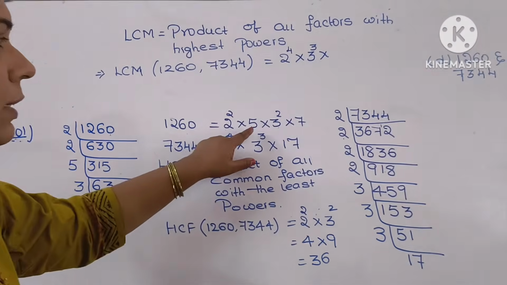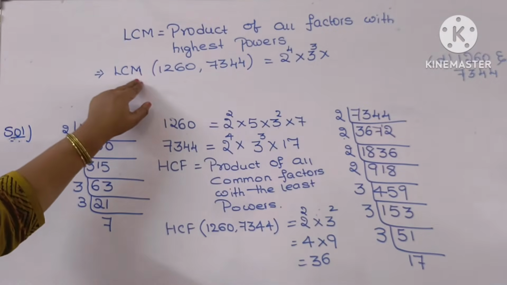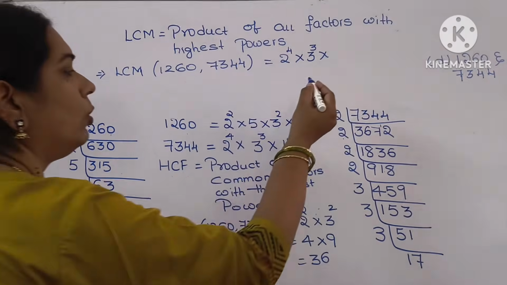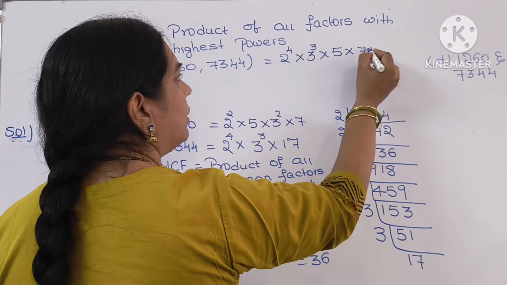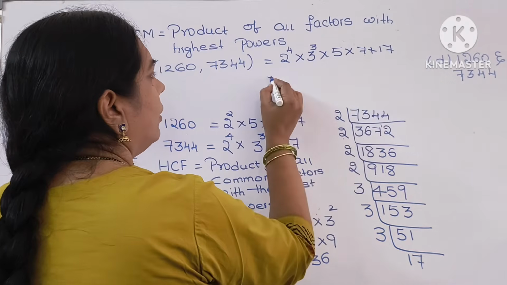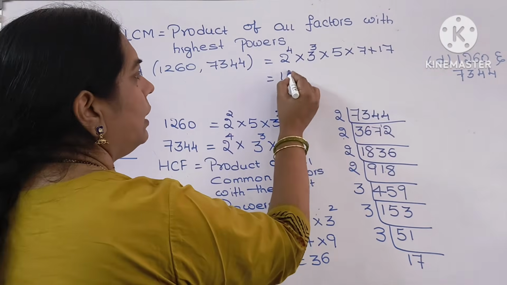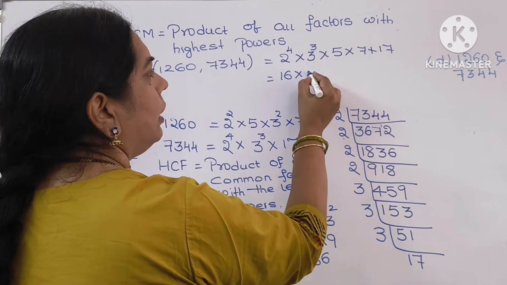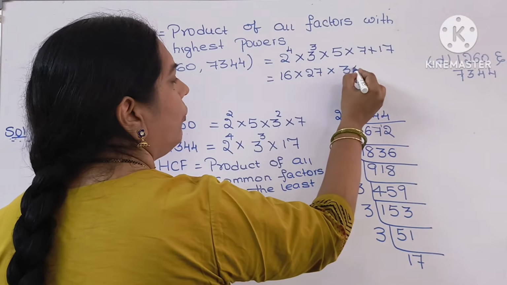What are the other factors? 5, 7 and 17 are not the common factors, but since it is LCM, we can include those also. So 2 power 4 is 2 2's 4, 4 4's 16. 3 cube is 27. 7 5's are 35.